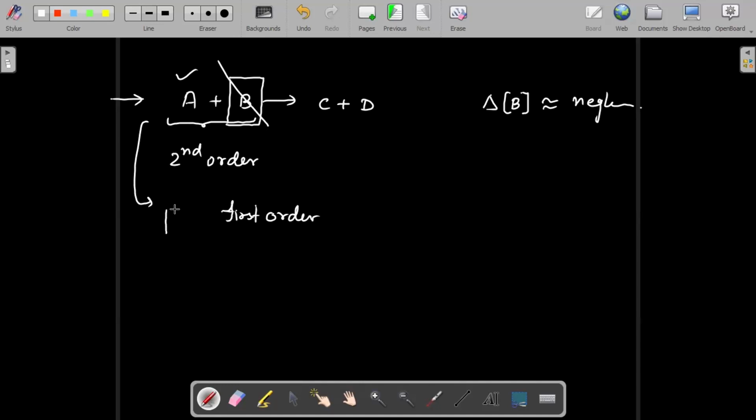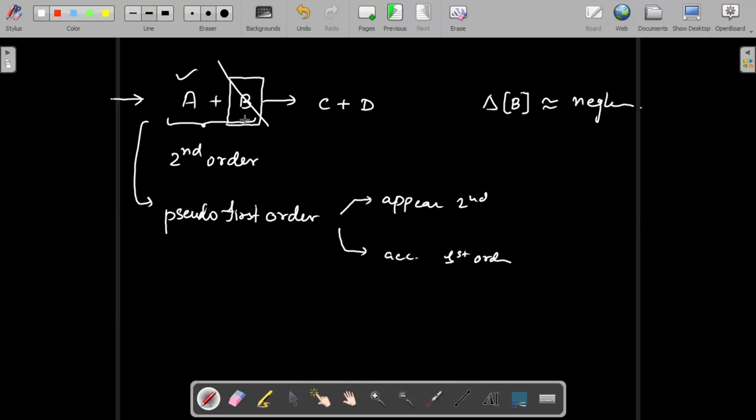So we call it a pseudo first order reaction. A pseudo first order reaction is a reaction which appears second order, but actually it is first order. And why did it happen?